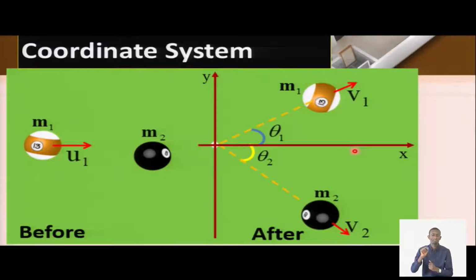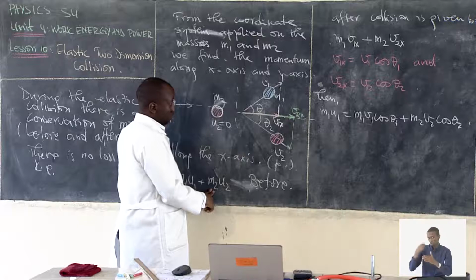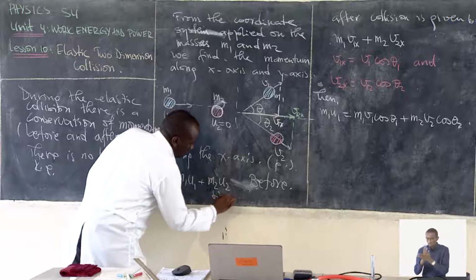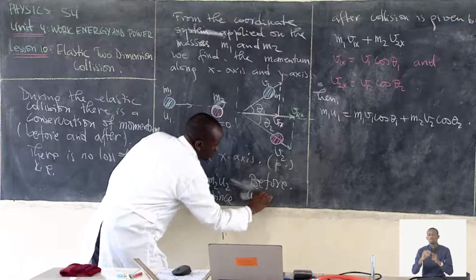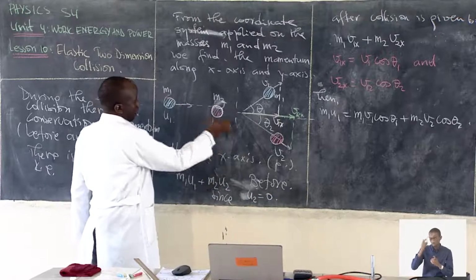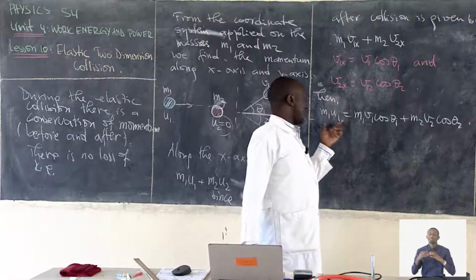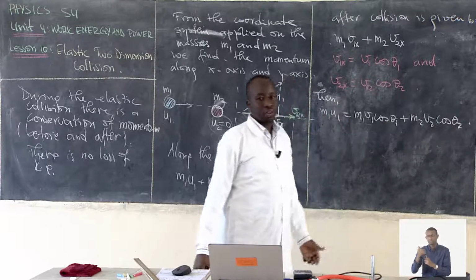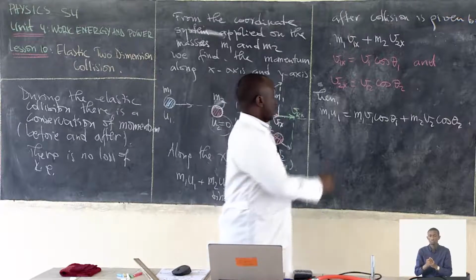And I did not consider M2 times U2, since U2 equals 0. Remember, this one is at rest. That is why we do not consider M2 times U2: U2 is 0, and multiplied by M2 you obtain 0.